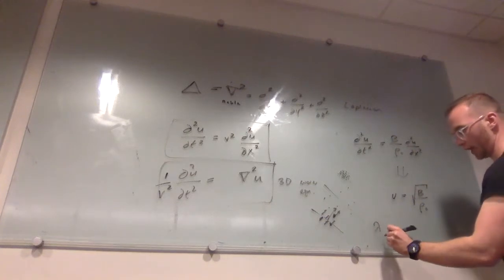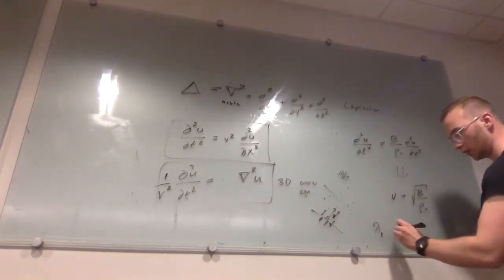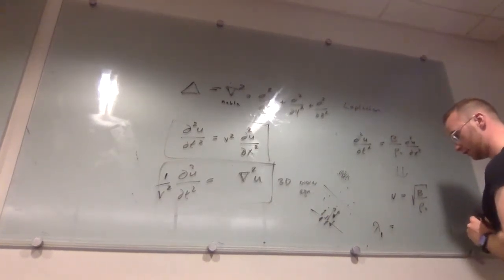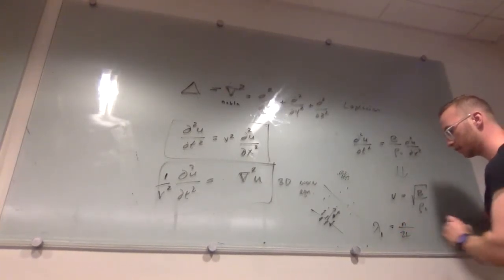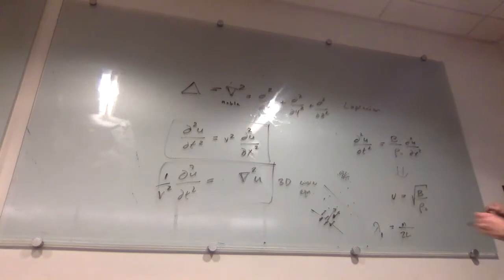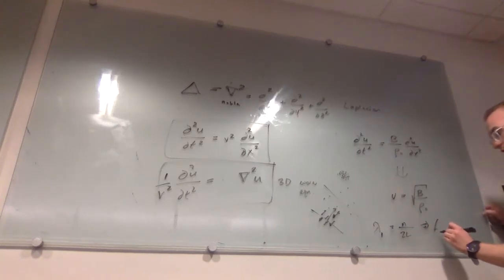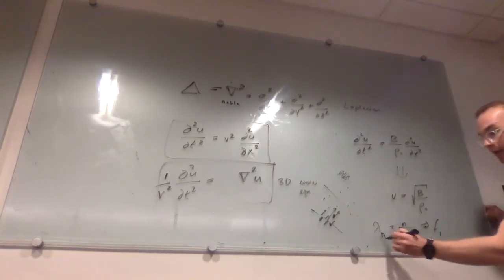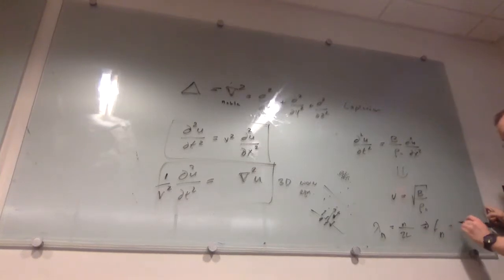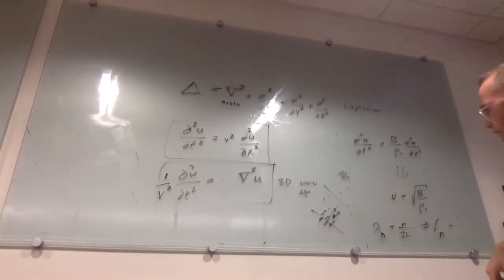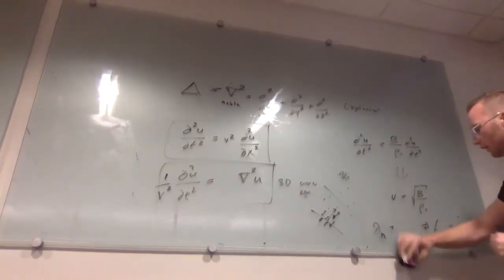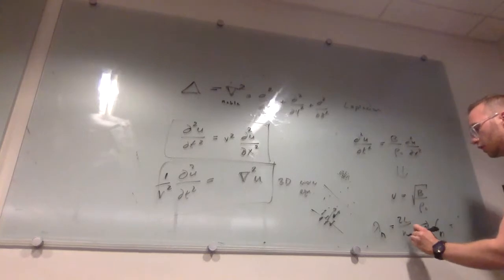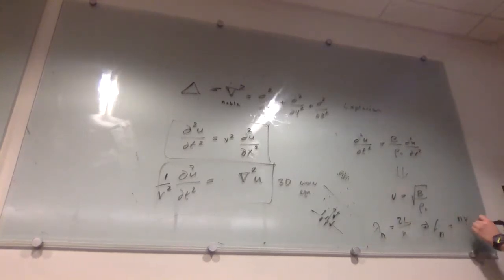The wavelength for n was, I forgot, 2L over n. And then, therefore, the frequency was nV over 2L.